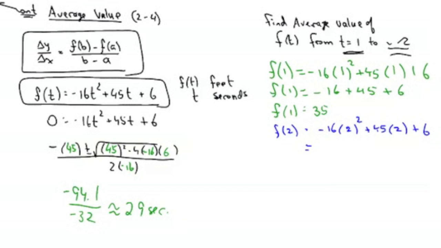So this is 4 times negative 16 is negative 64. That's 90, and that's 6. 32. Okay.